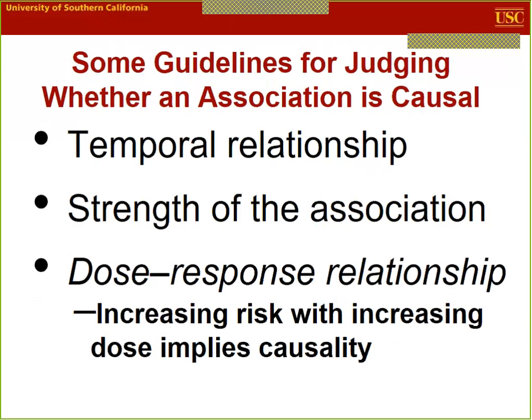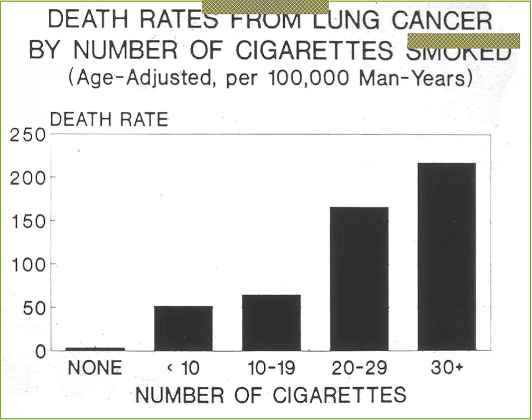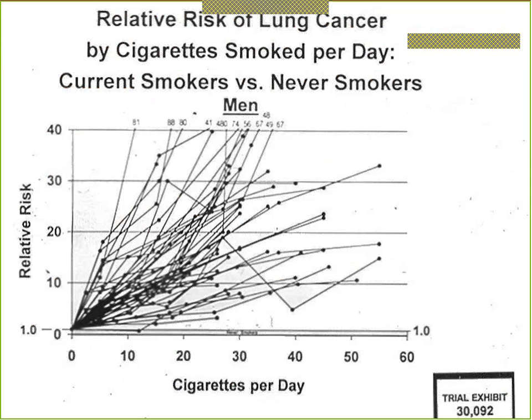Dose response: again, dose response does not have to be linear on a biological basis, but if risk rises in some fashion with increasing dose or exposure, again, it helps us to set aside other factors and speaks to causality. And again, just another early example from the British doctor study of lung cancer mortality rates by number of cigarettes smoked, a clear dose-response relationship.